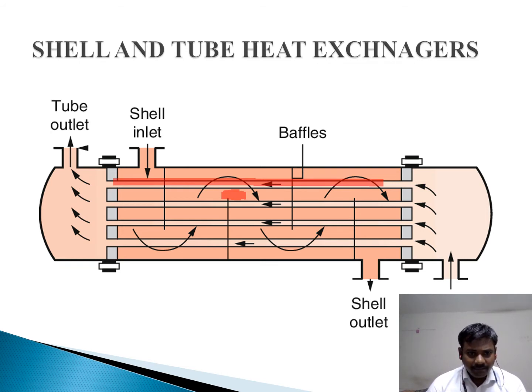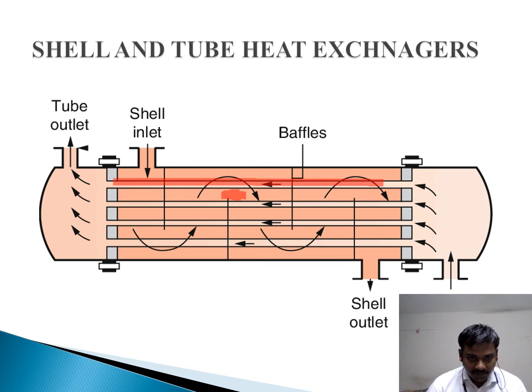What happens is the hot fluid flows in the shell or tube, and the cold fluid flows in the opposite direction. Suppose we assume this is a countercurrent direction. When the hot fluid flows inside the tube and the cold fluid is outside the tube, first of all, your tube will get heated.